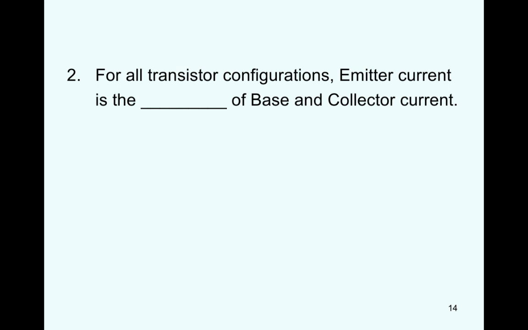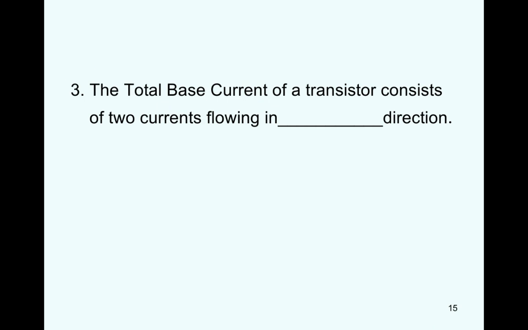Next question: for all the transistor configurations, the emitter current is the dash of the base and collector currents. The emitter current is the sum of the base and collector currents. Next question: the total base current of a transistor consists of two currents flowing in opposite directions.